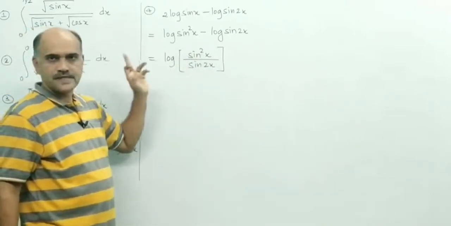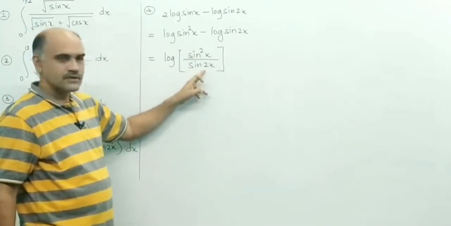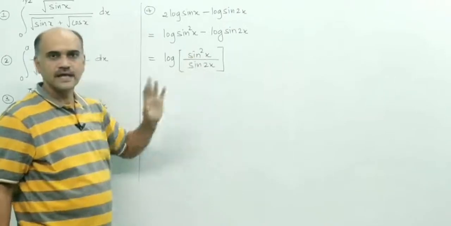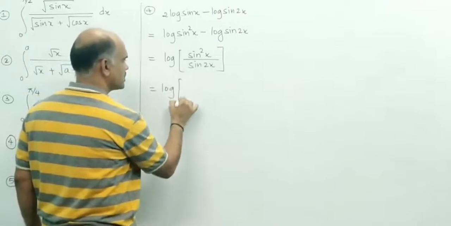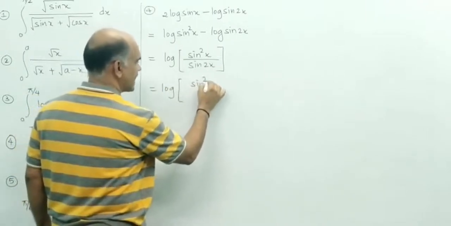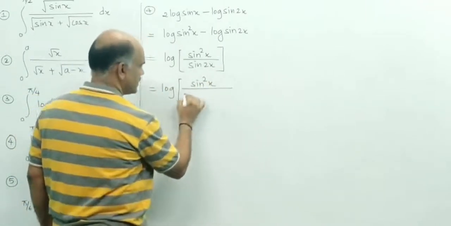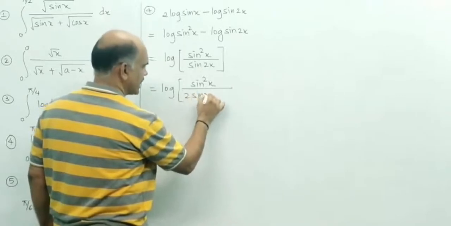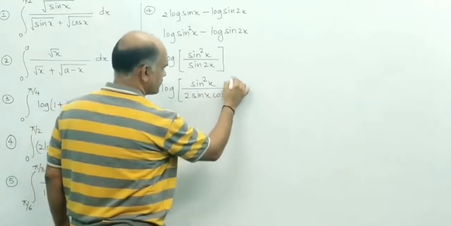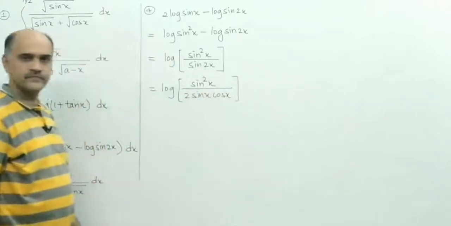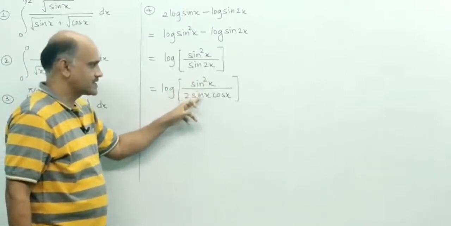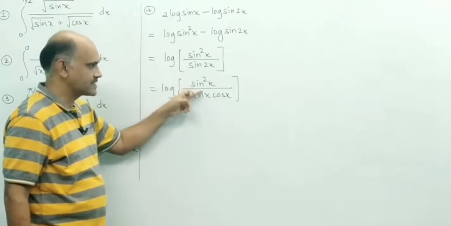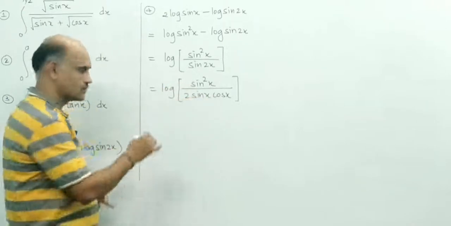Now you keep sin square x as it is. Sin 2x is written as 2 sin x into cos x. Now one sin gets cancelled, so sin x remains, cos x remains and 2 remains.